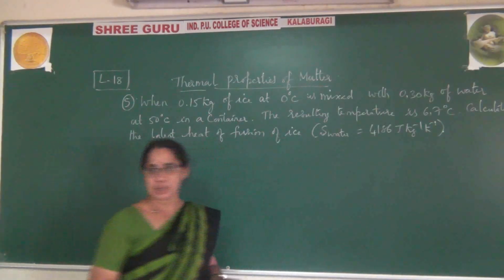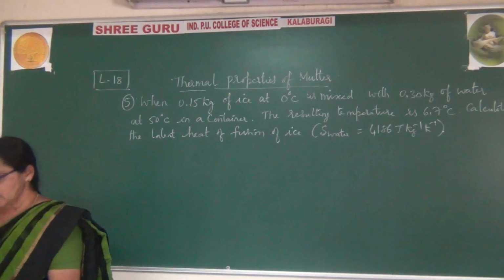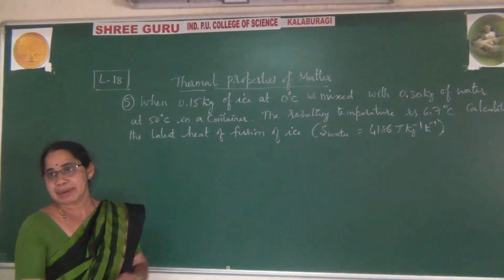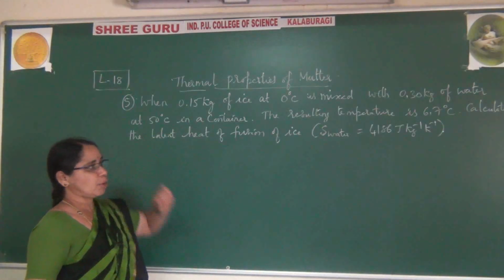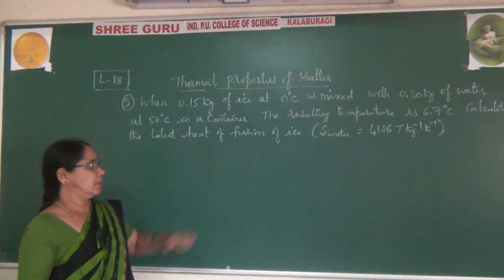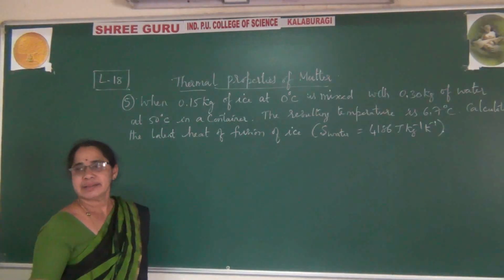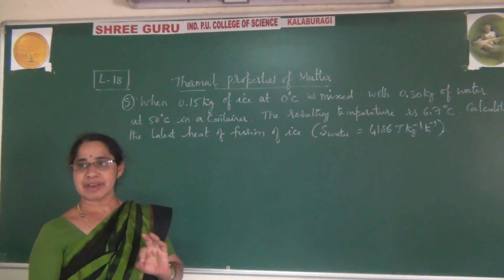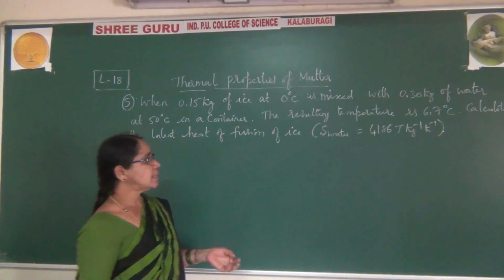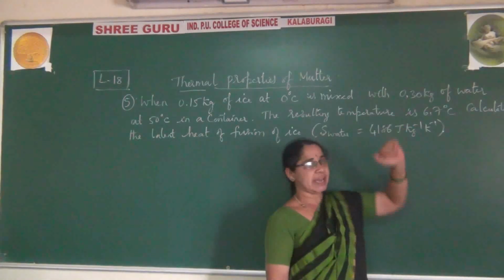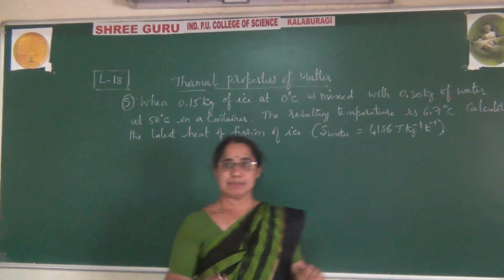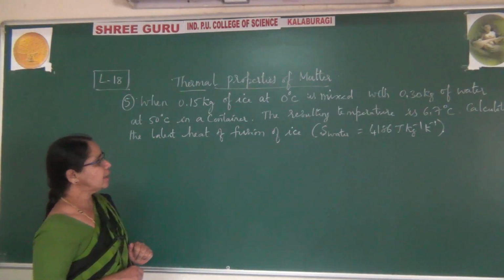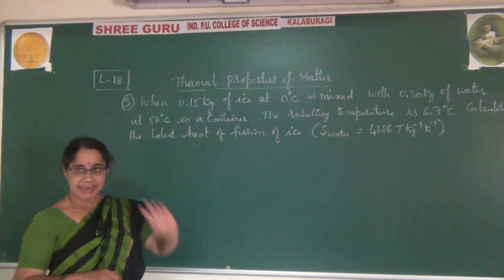So this problem is very simple and it is given in every board exam under calorimetric problems. It is a repeated problem in the PUC first year exam. Here they have given one condition. First they have taken 0.15 kg of ice, and this is mixed with 0.30 kg of water. The ice temperature is 0 degrees centigrade and the water temperature was 50 degrees centigrade.